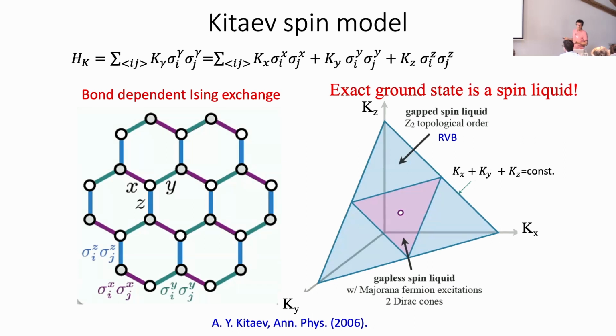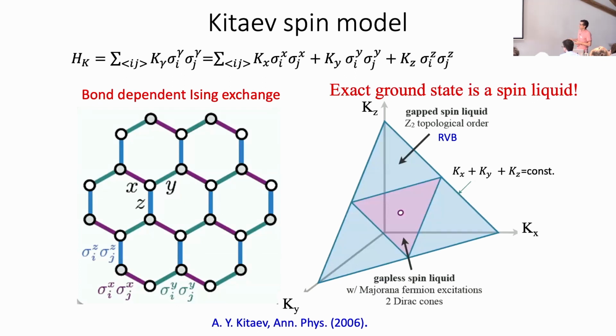So it's basically, as you have seen before, a model in which you have bond-dependent exchange interactions. So in the honeycomb lattice, you have either X, Y, or Z Ising interactions. And this turned out to have an exact ground state, as Kitaev showed. And this is a spin liquid.